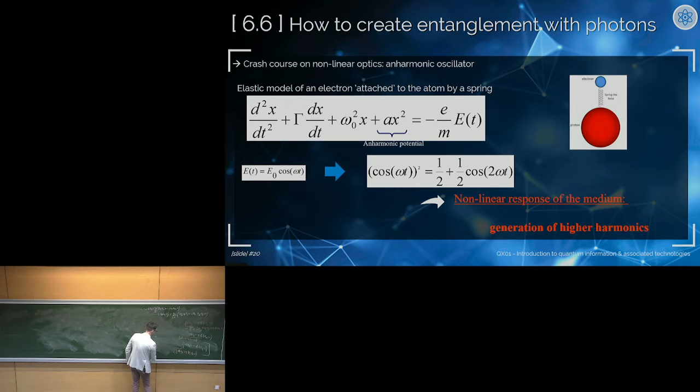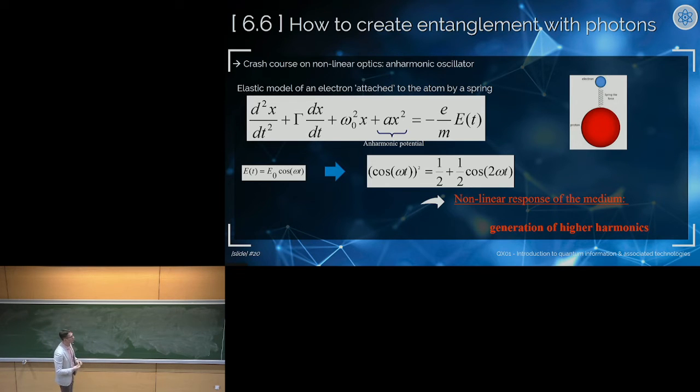So first of all, let's go to nonlinear optics, or I'd say nonlinear physics in general. And for that, let me give you an intuition of what happens when you send light onto a piece of crystal made of atoms.